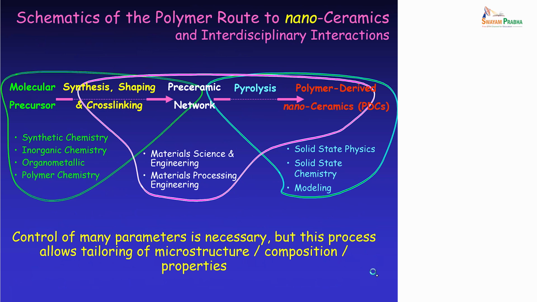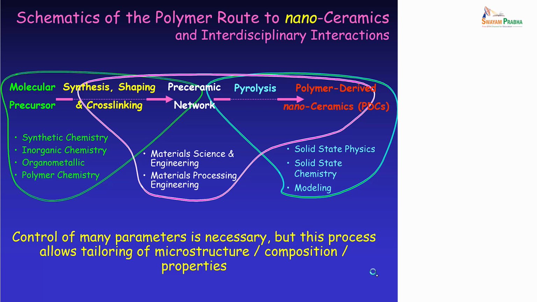You start from the molecular precursor, and you can recognize that this is quite an interdisciplinary field, because if you're a polymer chemist, then you can generate polymers with different characteristics. And these characteristics of the molecular architecture will affect the shaping, the cross-linking of the material, so the processing of the material, and then you obtain your polymeric material that you convert to a ceramic through pyrolysis.